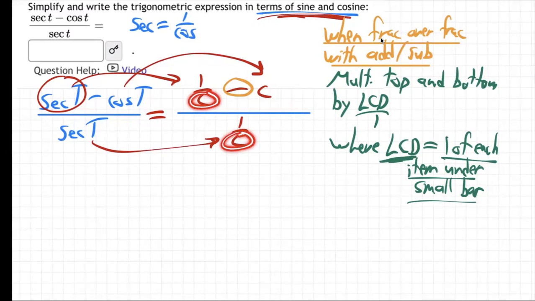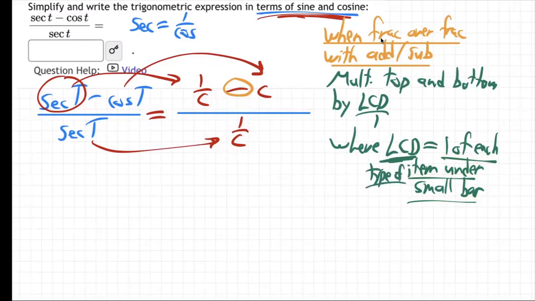Is that making sense, what I'm saying? Because you have the big bar here, and we have these little bars here, right? So the items under little bars, in this case, they're both the same thing. They're both C. And it says just 1 of each type of item under the small bar.